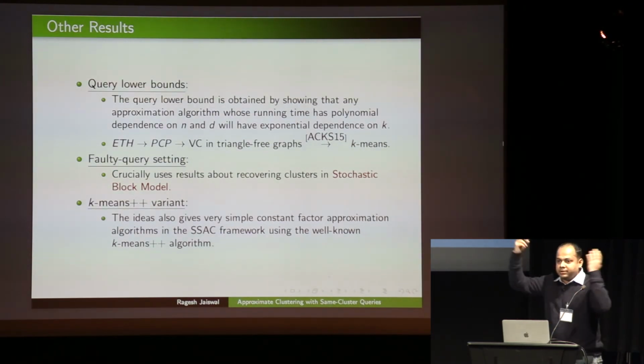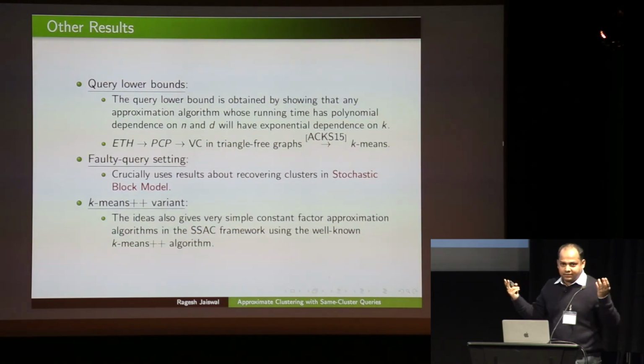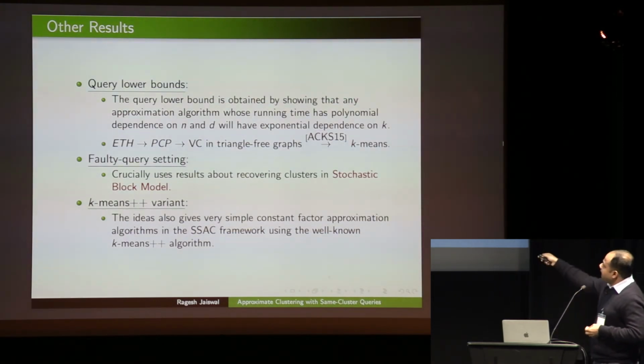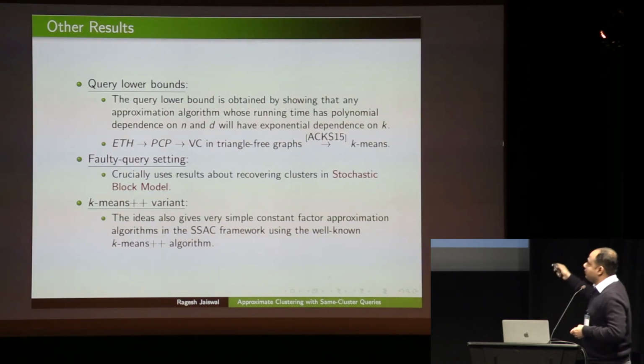Well, you can try out all possibilities for the same cluster queries. That's how you get it. This is done via a sequence of reductions: ETH, PCP, then vertex covering in triangle-free graphs, a result by Austrin et al., which is crucial in this whole chain of reductions to k-means.